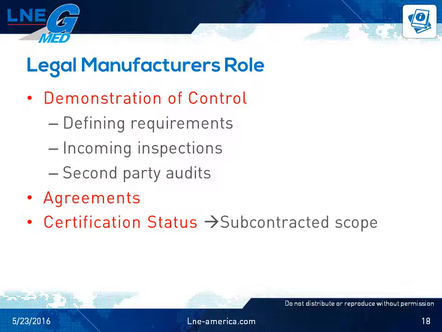They also need to have a living quality agreement that is adaptable to the change in specifications and requirements. Legal manufacturers need to monitor the quality management system of their critical suppliers and make sure it covers the activities subcontracted. To allow better cooperation and understanding between the supplier and the legal manufacturer, feel free to share the link of this webinar with your suppliers and invite them to ask their questions.